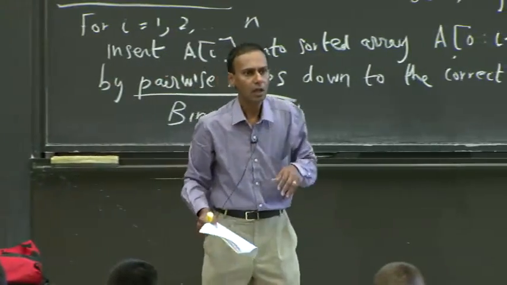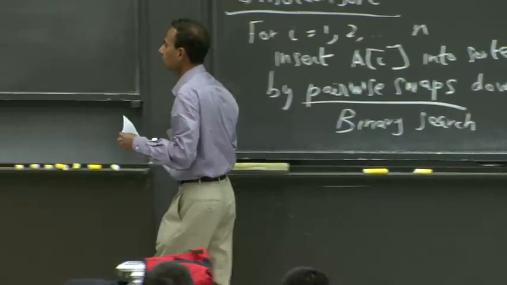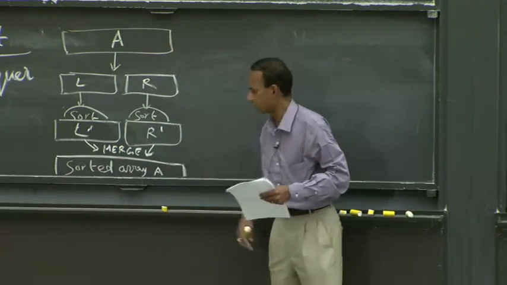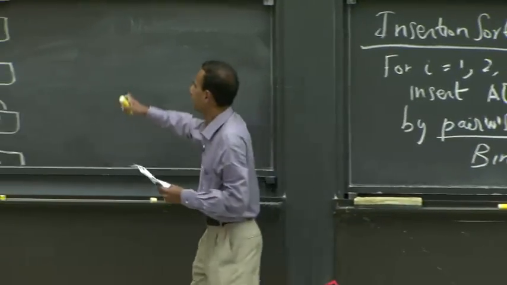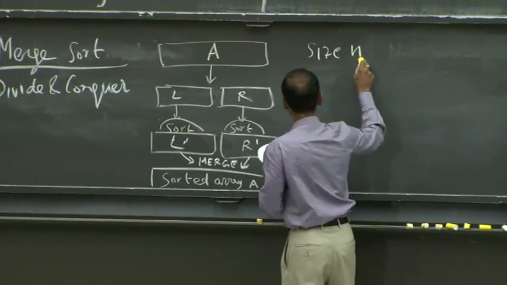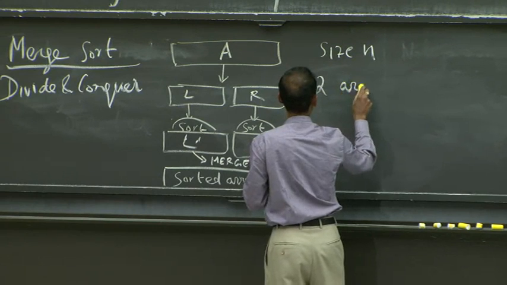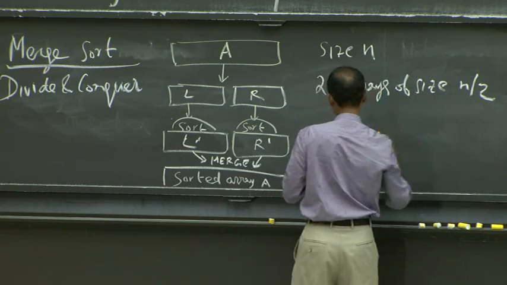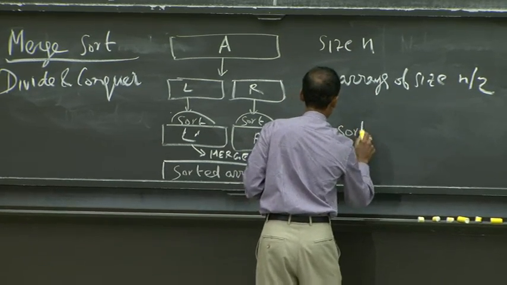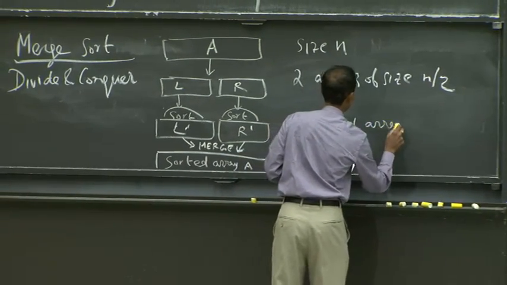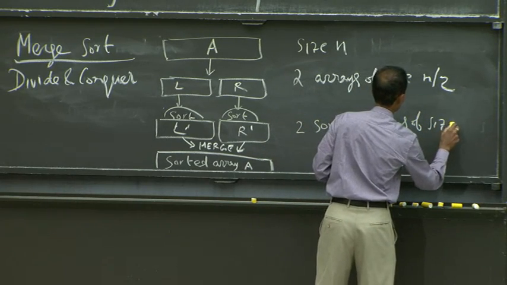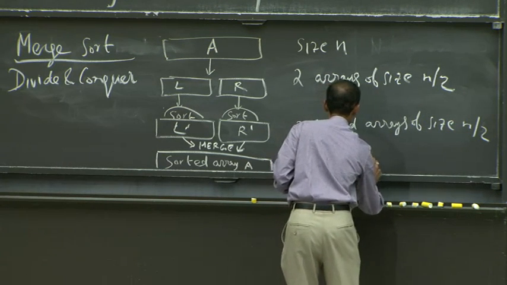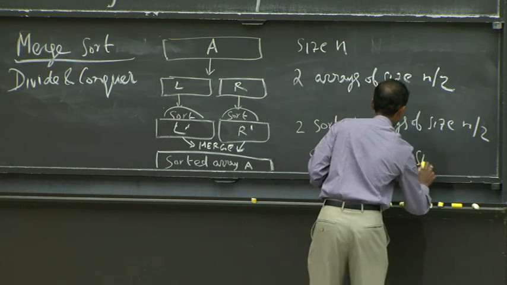So at the top level, what you see is split into 2 and do a merge and get to the sorted array. The input is of size n. You have 2 arrays of size n over 2. These are 2 sorted arrays of size n over 2. And then finally, you have a sorted array of size n.